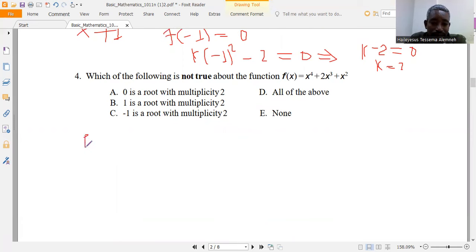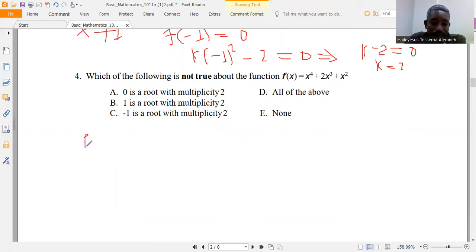To find the roots, let's factorize, taking x squared as common. What's left from x to the power of 4 is x squared, from 2x cubed what's left is 2x, and from the last term what's left is 1.